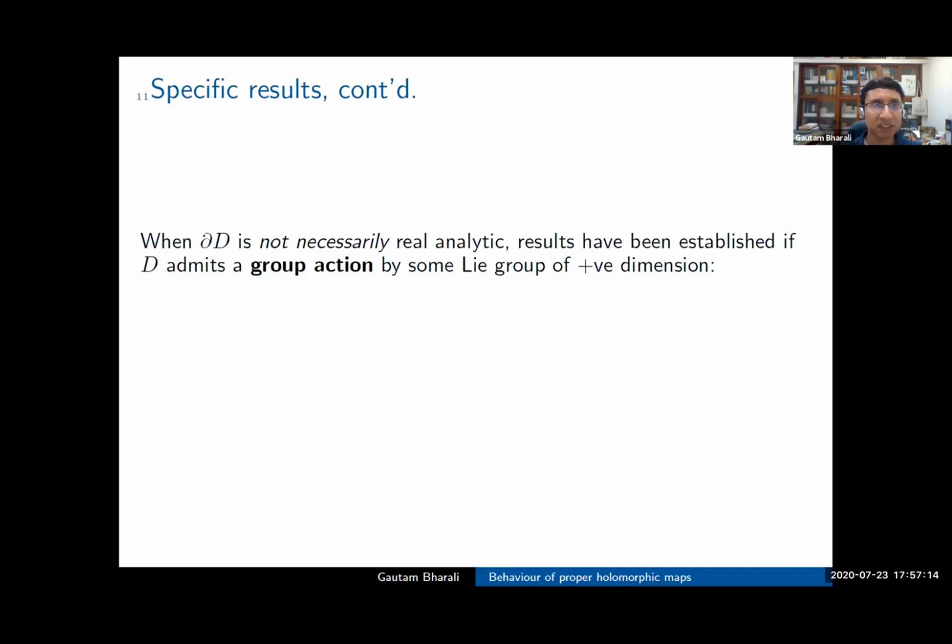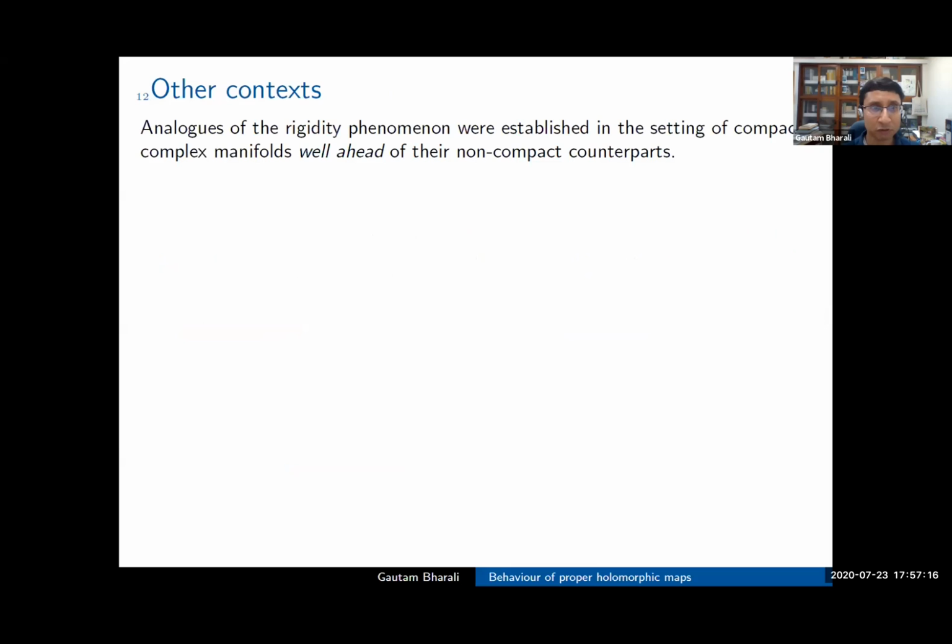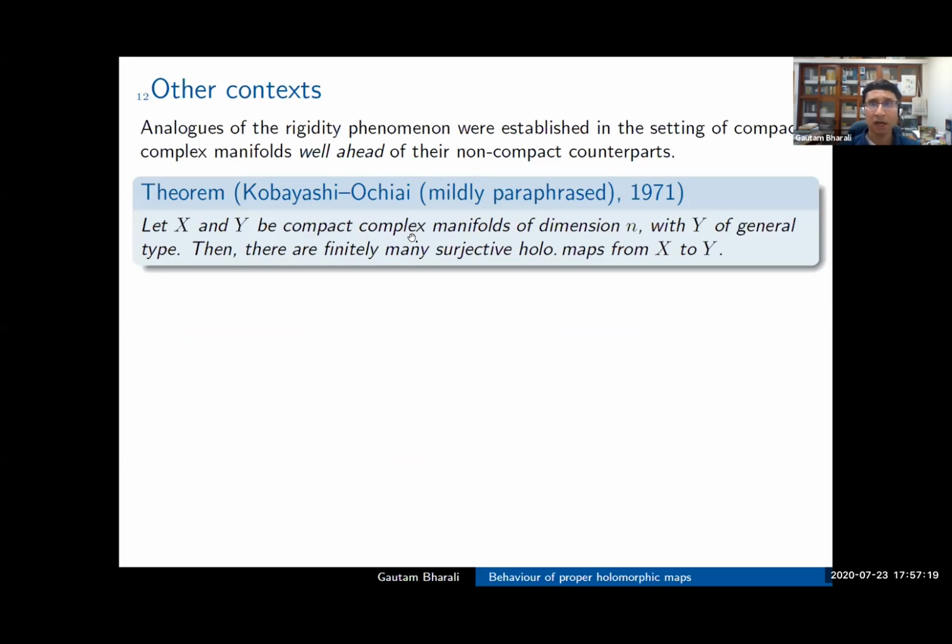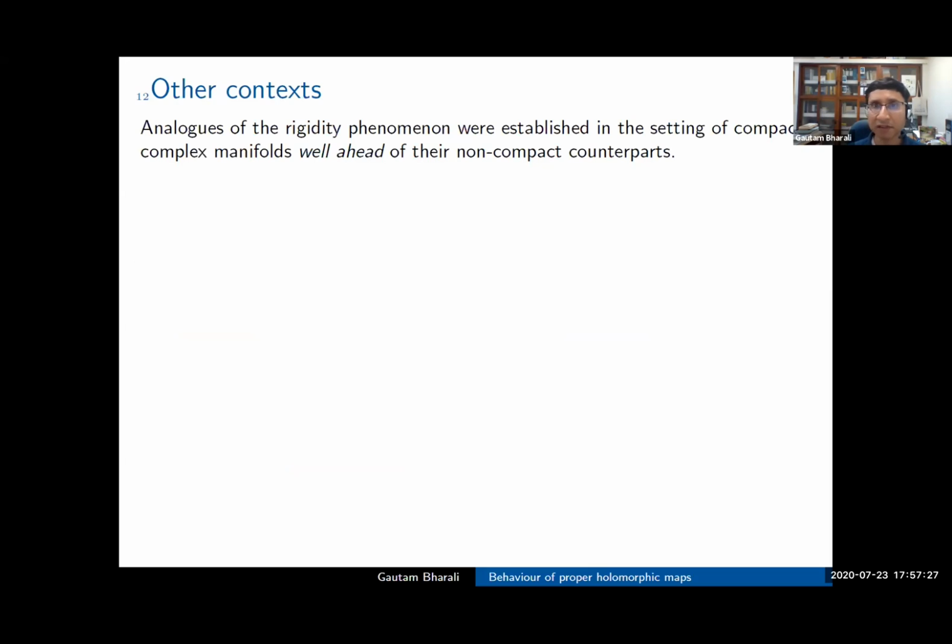Let me actually skip this slide because I'm not doing so well on time. Okay. I want to actually talk about some other contexts, partly because the organizers told me to have a talk which embraces both geometry and analysis.